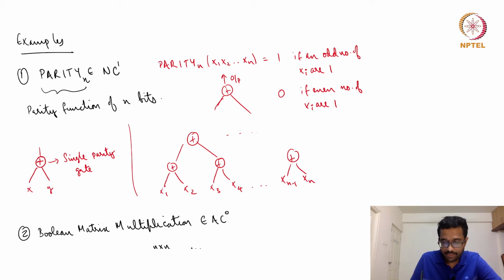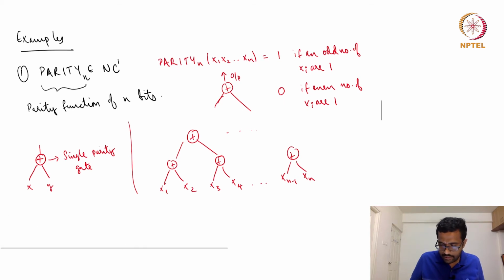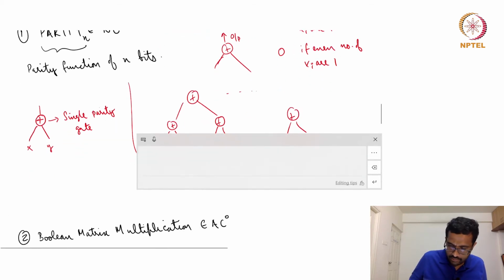The way I have drawn it, it is not an NC1 representation because I have constructed it using single parity gates. But then you can replace each single parity gate with a small circuit that uses only AND gate and OR gate of bounded fan-in, right? You can work that out. So this is certainly possible.